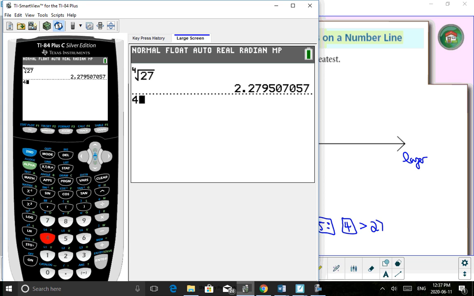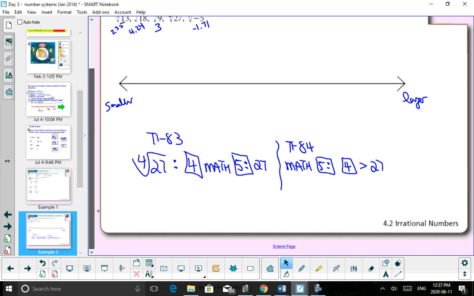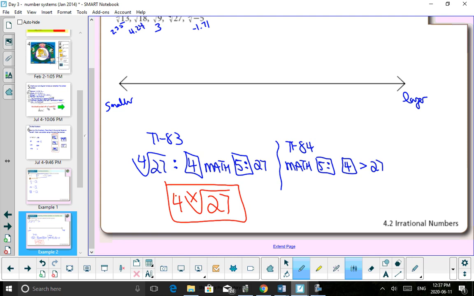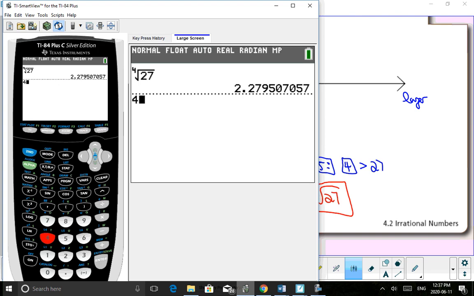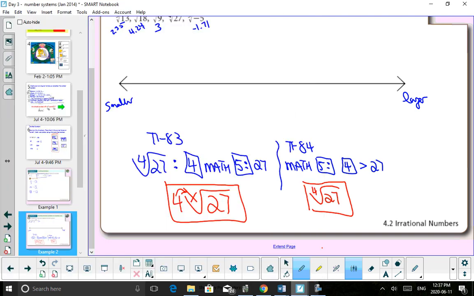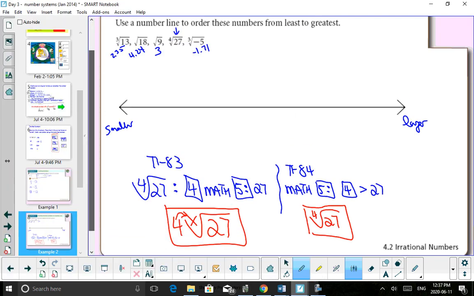On the TI-83, your screen is going to look like 4x root 27. The calculator knows that the 4 goes in the x spot, whereas on the TI-84, it automatically puts it in that spot. So you'll get the same answer, both of you, it's just the way the calculator appears. So 2.28 is the approximate decimal.